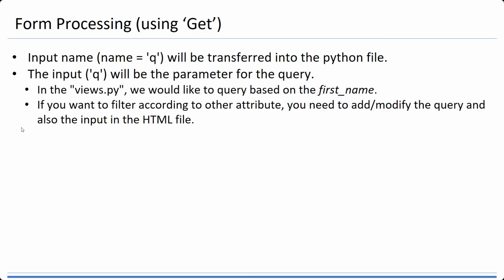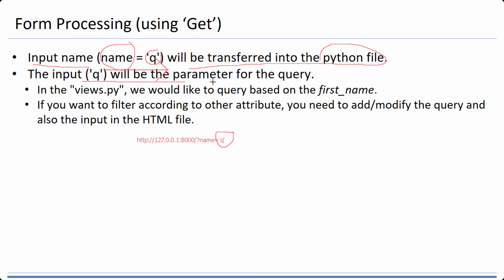When you use GET, you will have something like this: name equals to Q. It means you have the HTTP, let's say we have the link on our FastAPI, and then we have name equals to Q. So the name is the variable, and the value Q will be transferred into the Python file, the backend.